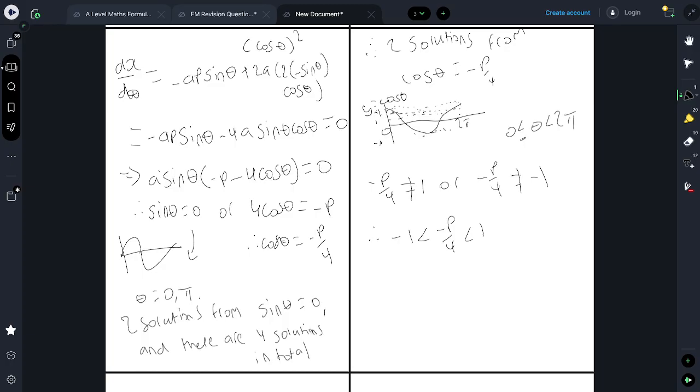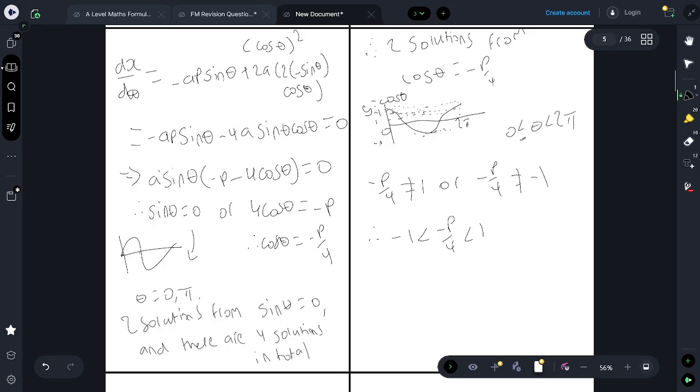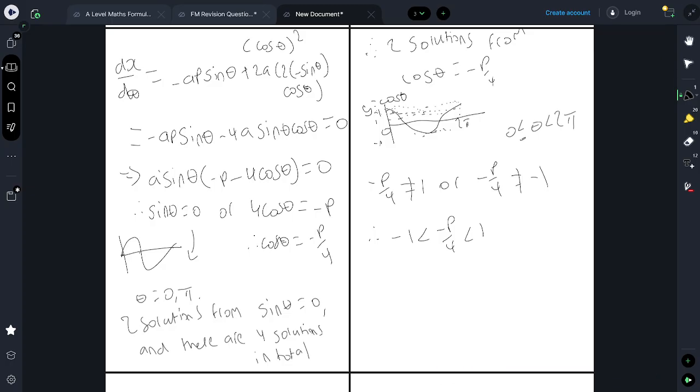Okay. Now, the last thing we need to check is that there are distinct solutions from sine theta 0. So we need to check, for any value of p here, that sine theta cannot be 0.